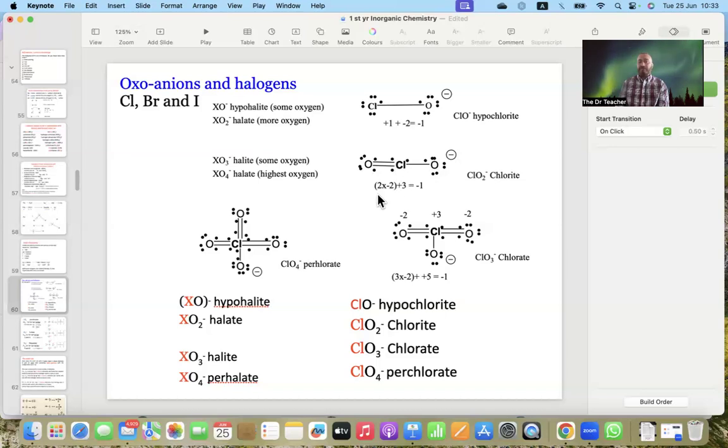And if we count, there are 2 oxygens, each one has -2. So 2 times -2 will be -4. Chlorine here lost 3 electrons, its oxidation number.